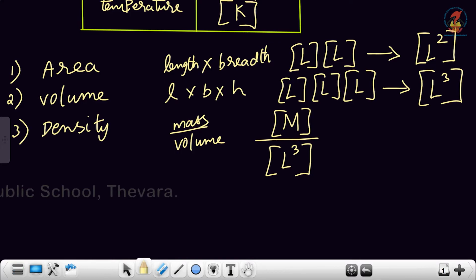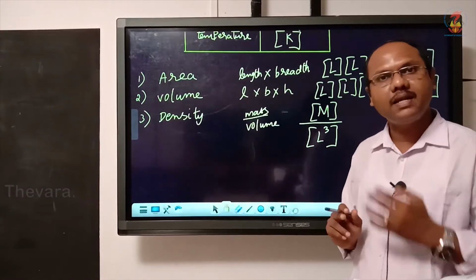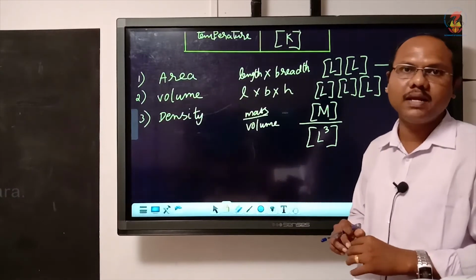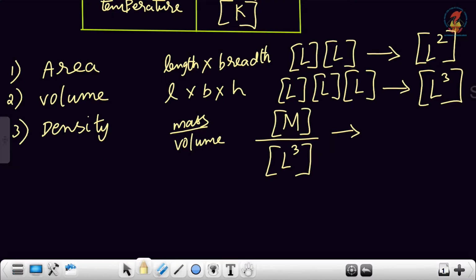If any quantity comes in the denominator, we have to put it in the numerator as the reverse power. That means I will write this as M L raised to minus 3. This is the dimension for density.